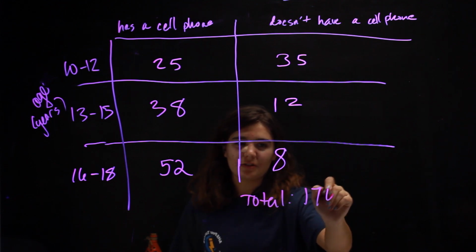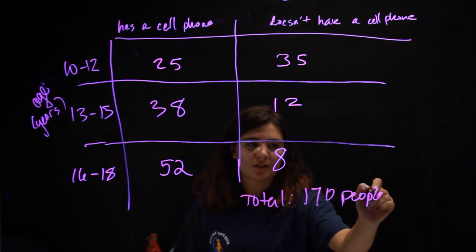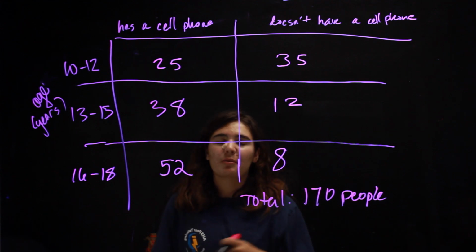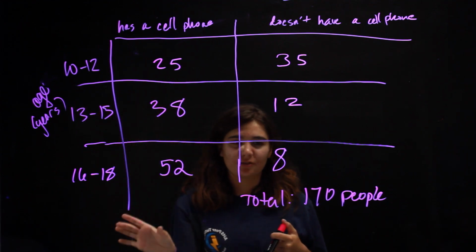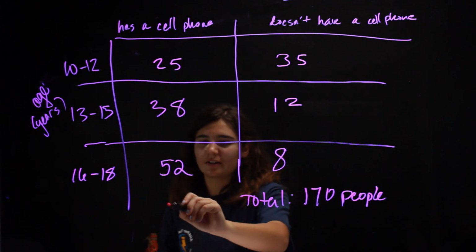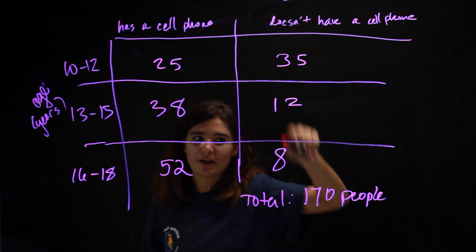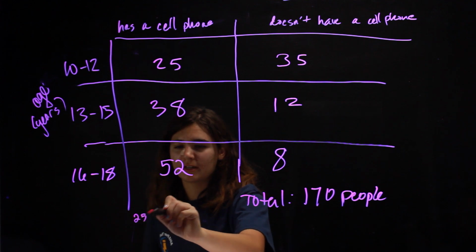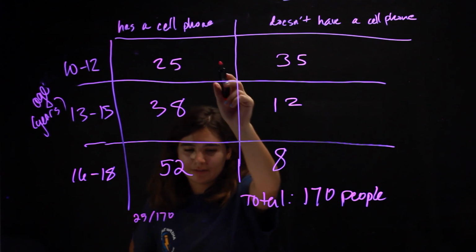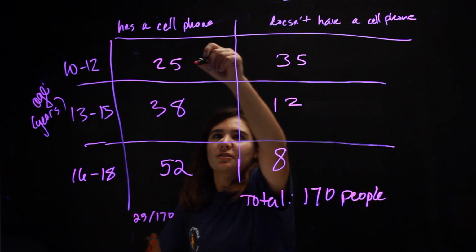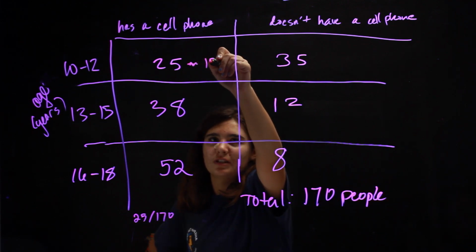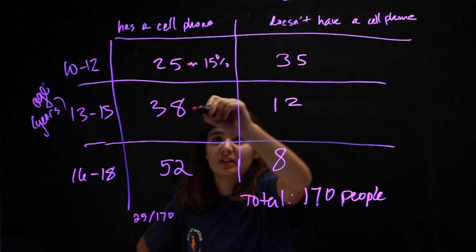is 170 people. So if we want to find out the percentage of how many people have a cell phone and are also in the age group from 10 to 12, then we just divide 25 divided by 170, right? I'll just write that here. And that would be that. Okay, so I'm just going to quickly write down the percentages here. So this would be about 15, and this isn't exact at all.